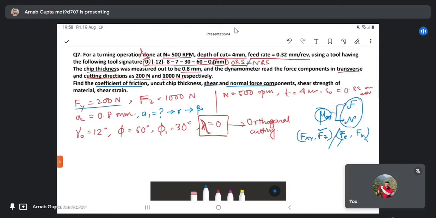We can find out Fx by applying this particular equation. So this is my tool.